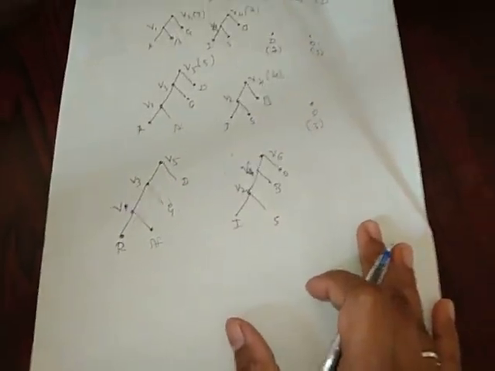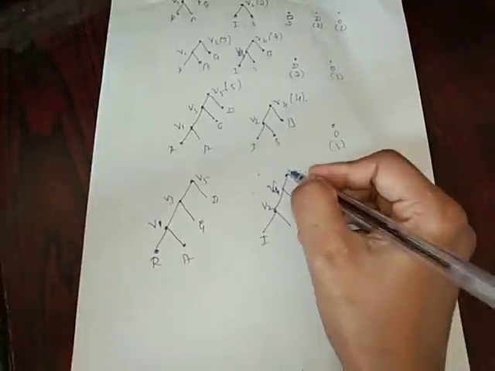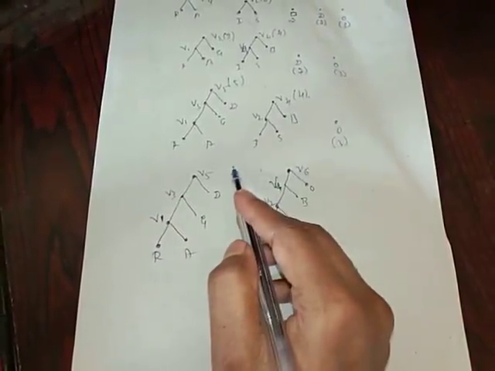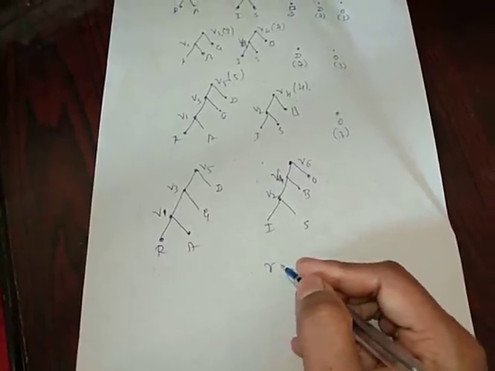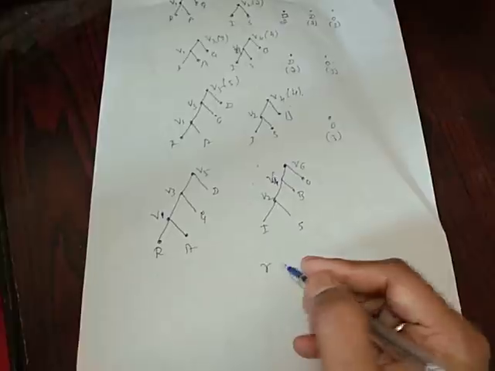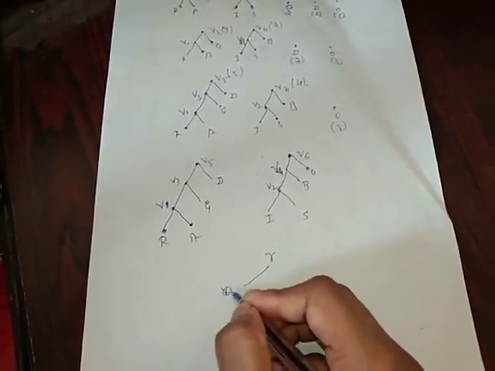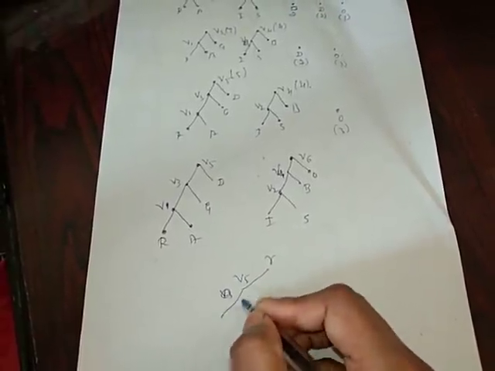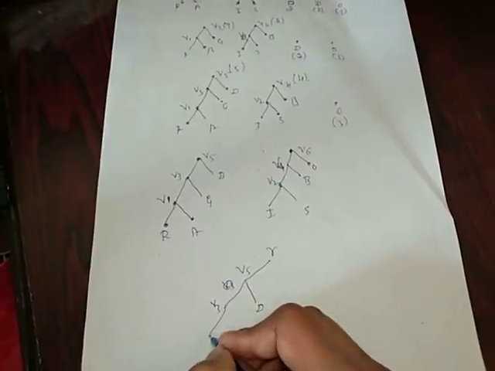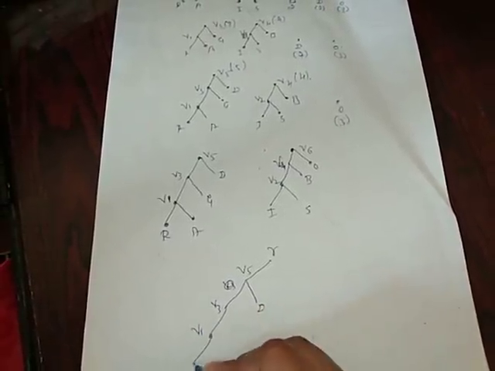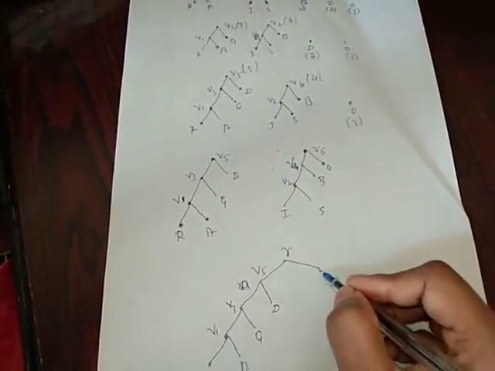Now the remaining vertices are V6 and V5. Now add V6 and V5 under the root R. Then the graph is like this.